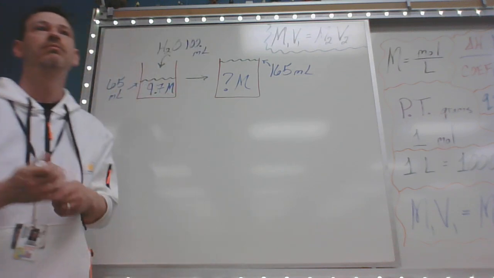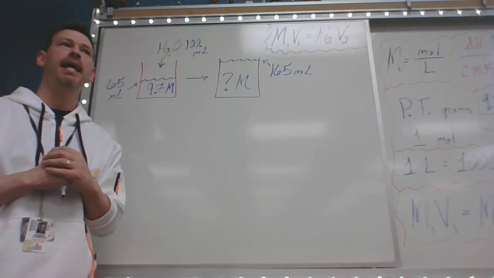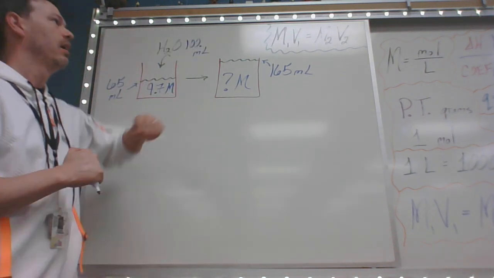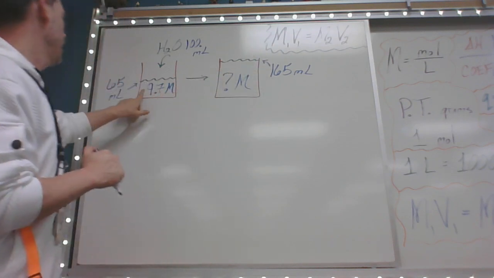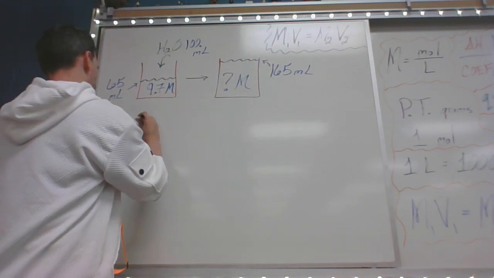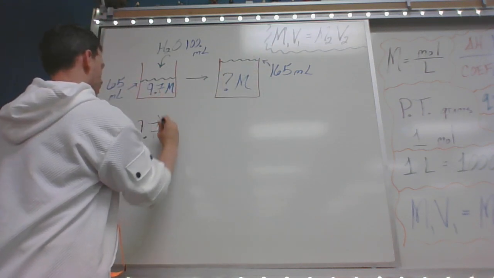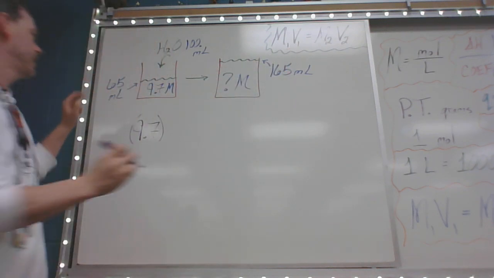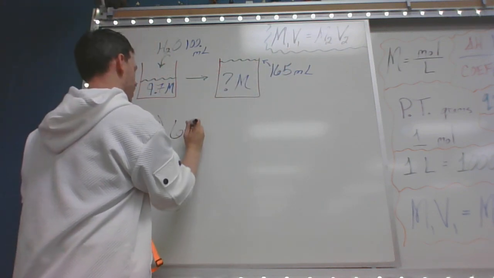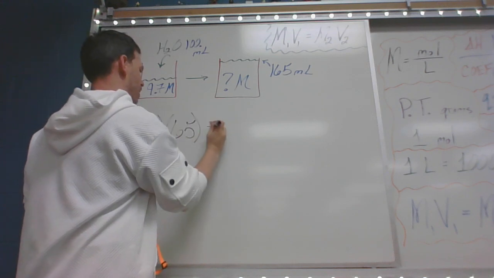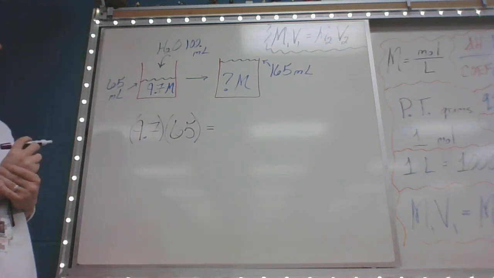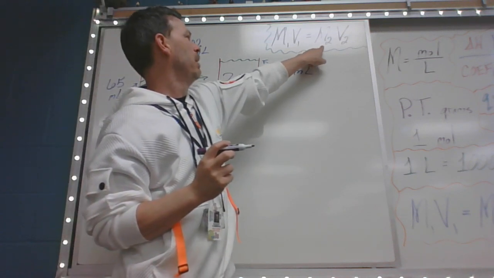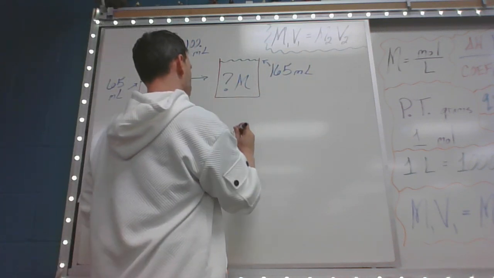And now it's the same dang thing. Your starting molarity is 9.7. Your starting volume was 65. Your ending molarity is unknown.